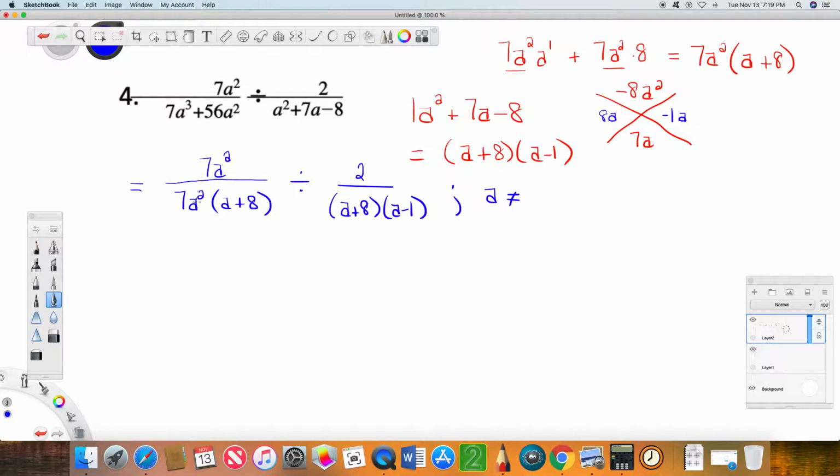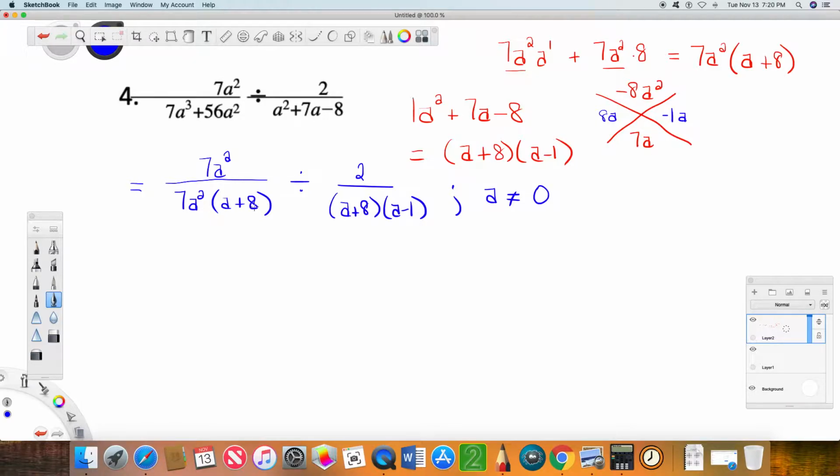When I look over here, I see a single factor of a, so I know that a cannot be 0, because if it were, 0 squared is 0, 7 times 0 is 0, 0 times this a plus 8 is 0, 0 times anything is 0. I'm going to get a 0 in the denominator, and I need to avoid that. Well, look at this binomial.